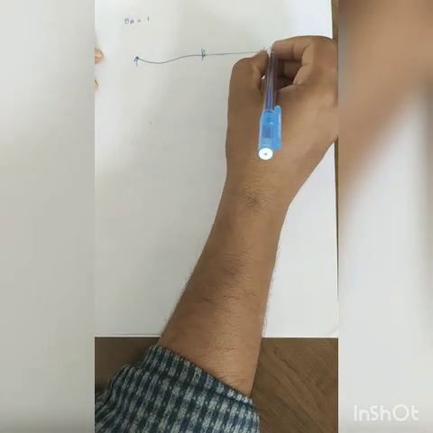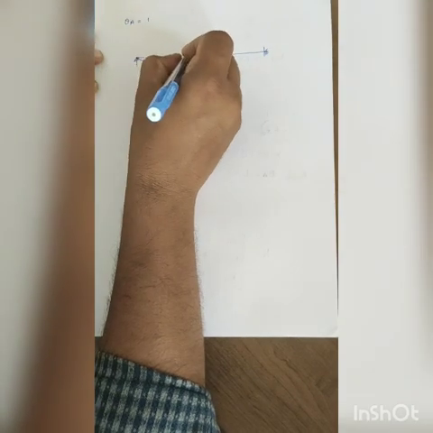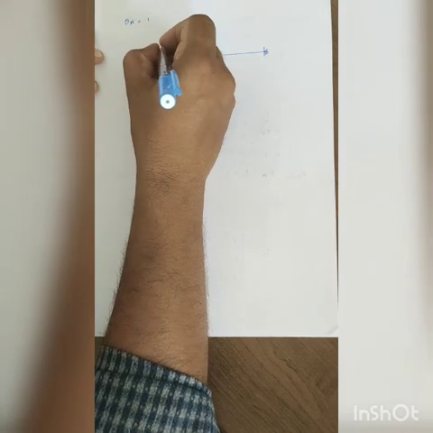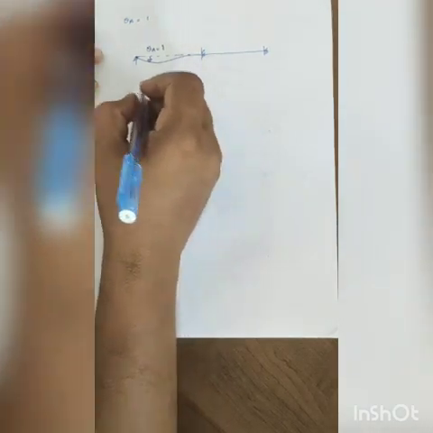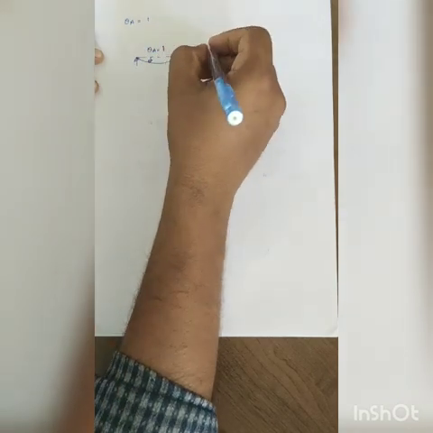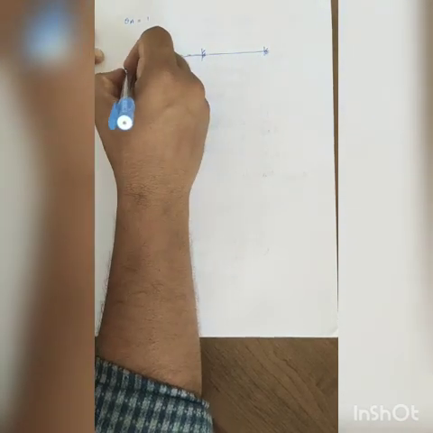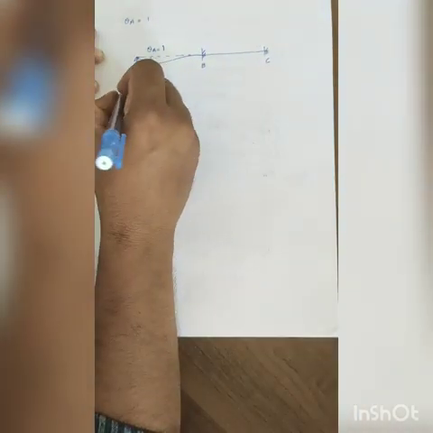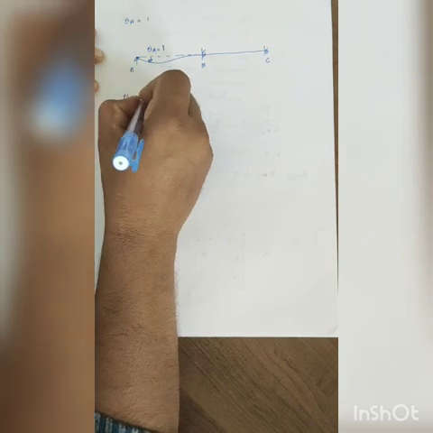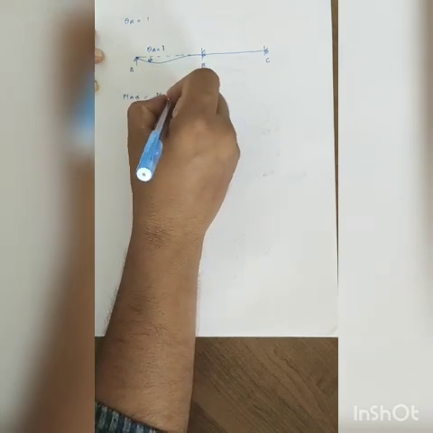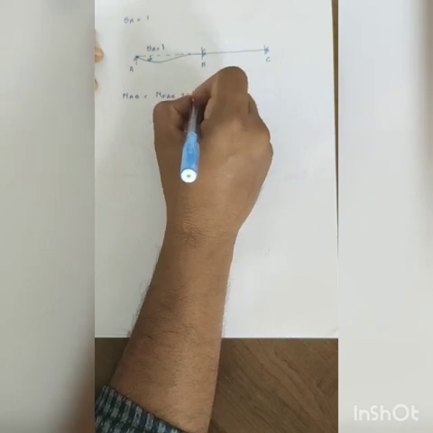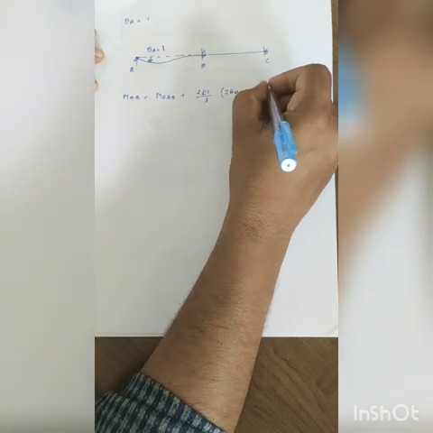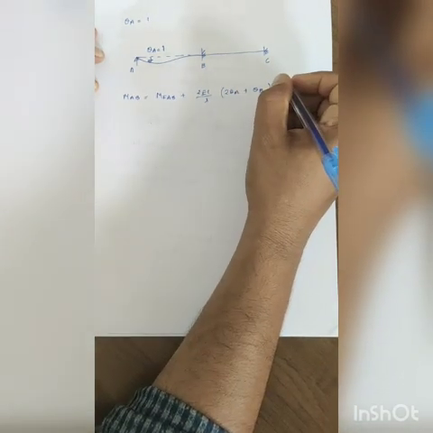So I have applied theta A equal to 1. Now we have to find out how much moment is induced at this location, at A, at B and at C. So the basic equation is, you remember, MAB is equal to MFAB plus 2EI by L into 2 theta A plus theta B. I am neglecting the support settlement for the time being.